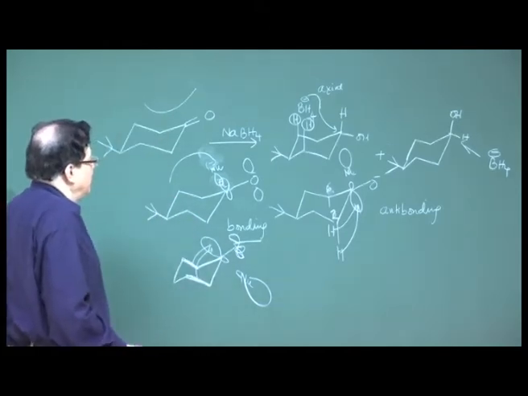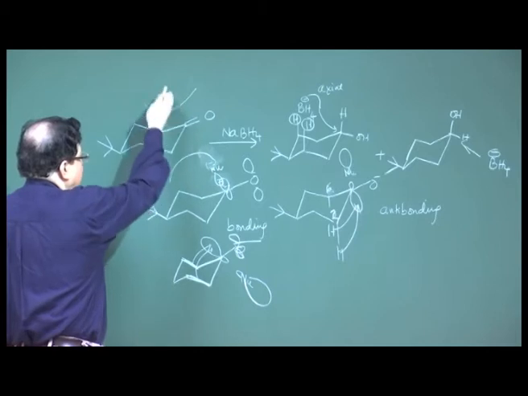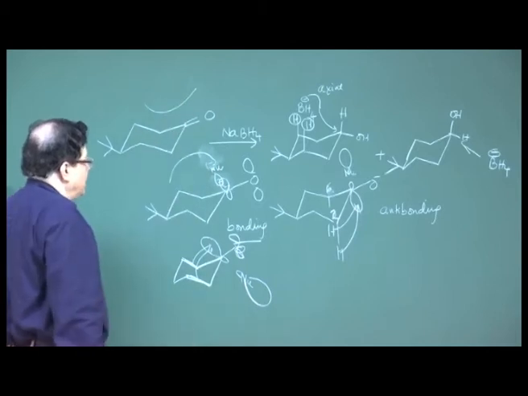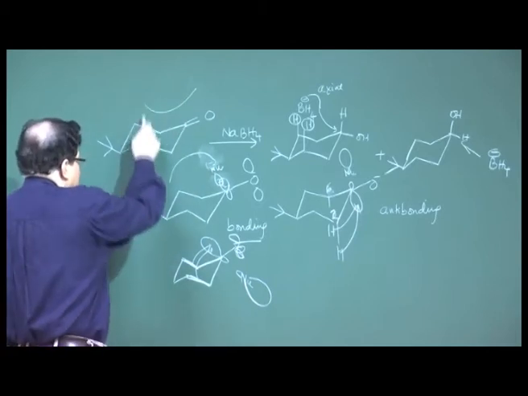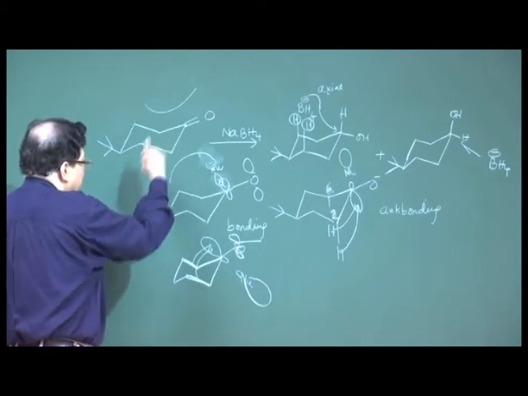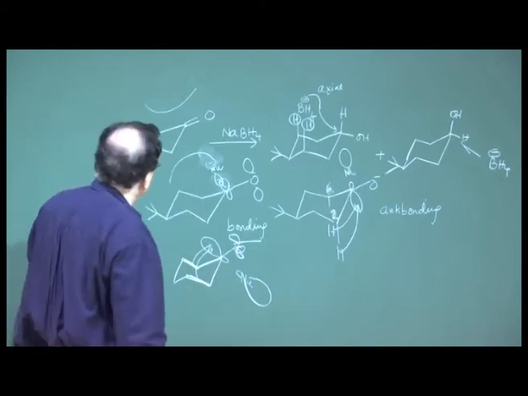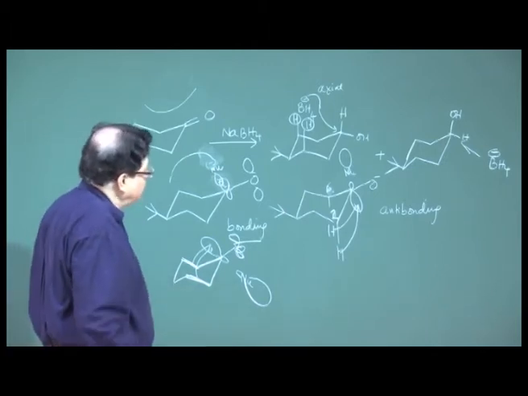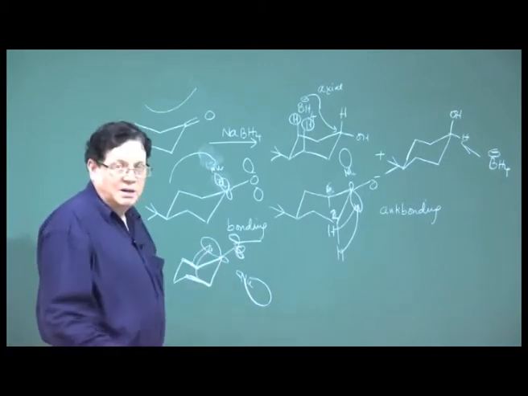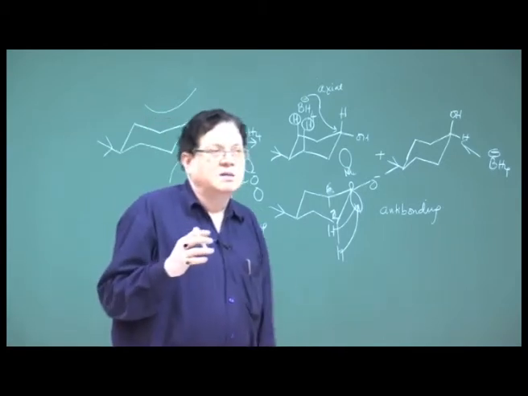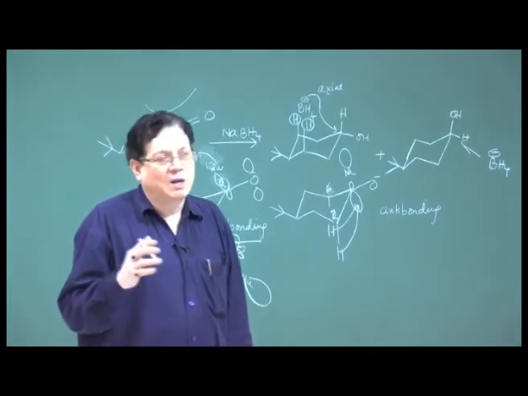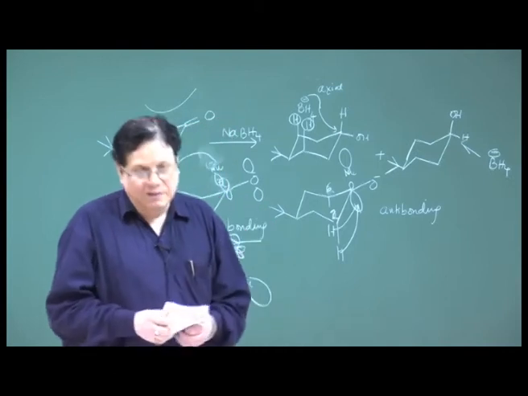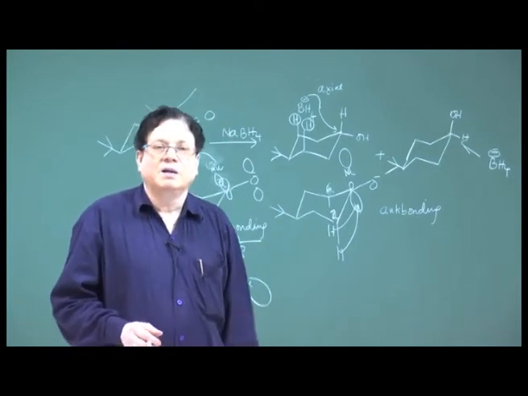This equatorial face is geometrically not the same as the axial face, because in the axial face you have these axial hydrogens, but in the equatorial face you do not have those. So, they are not offering the same type of faces to the approach of the hydride. So, that may not be an ideal system to really convince ourselves that Felkin's model is correct.